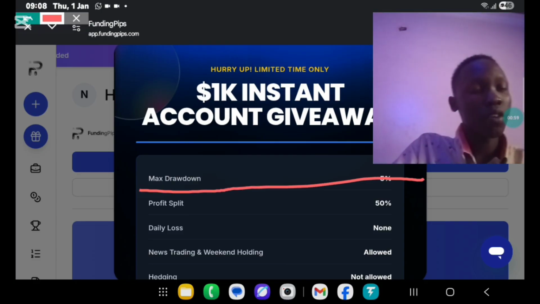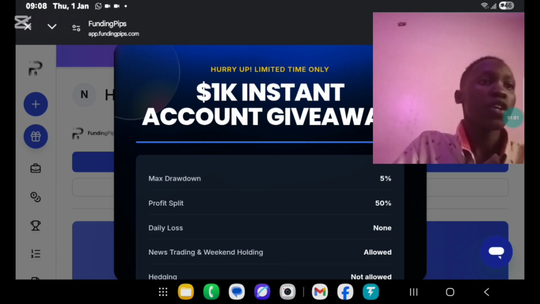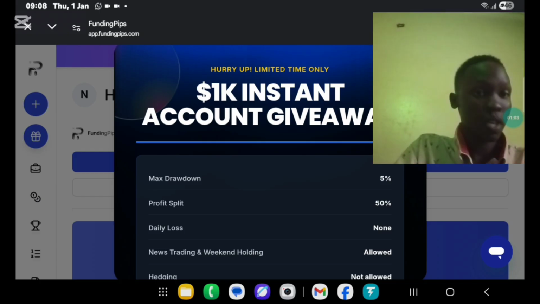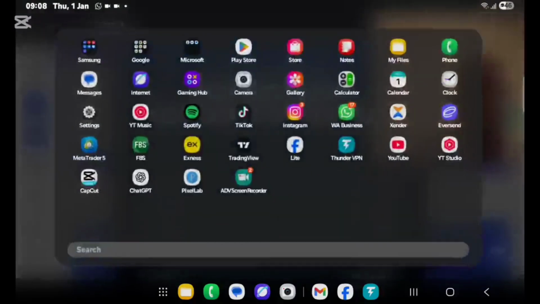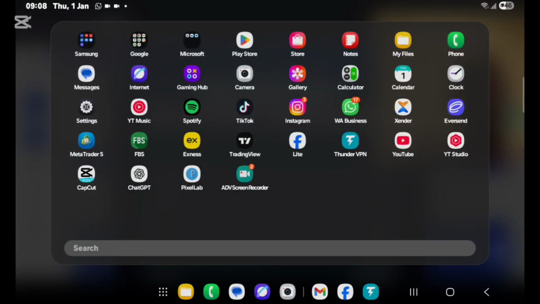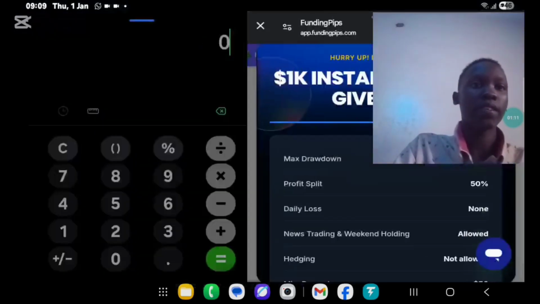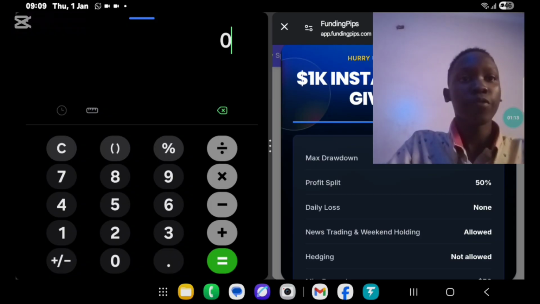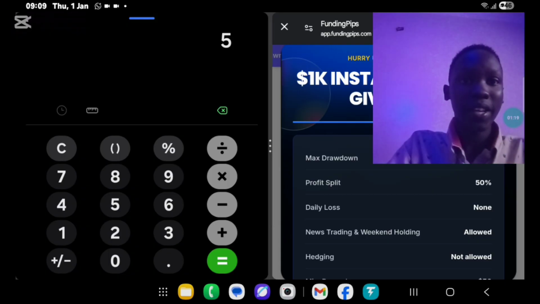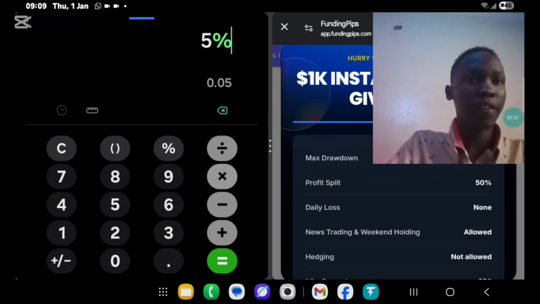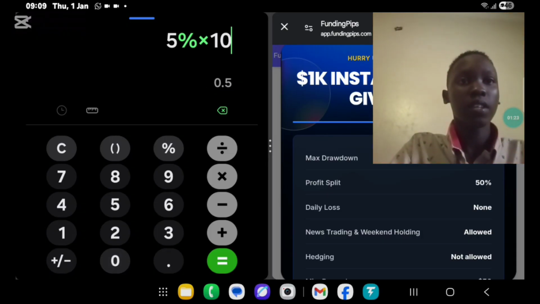The rules: maximum drawdown 5%. So if we do the math, let me help you guys do the math also. Here, where's the calculator? We're going to do 5%. I'm not a good mathematician, so in case you see me go wrong somewhere, 5% times 1,000.